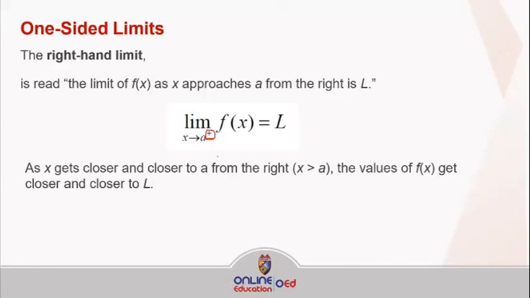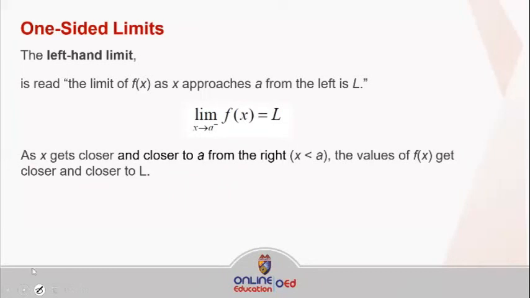This means, for example, if x is 4, the value will be greater than 4. We look at the values from the right, where x is greater than a. For example, if the value of a here is 4, then it could be 4.2, 4.5, or even 5.